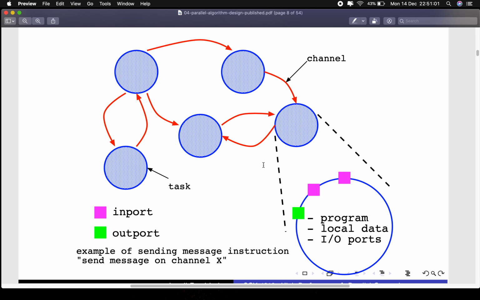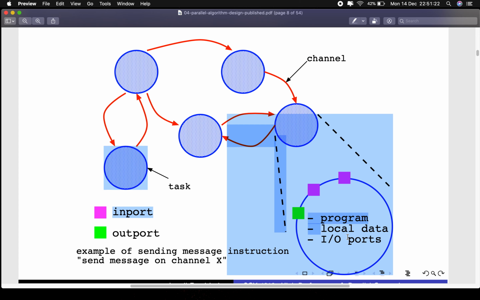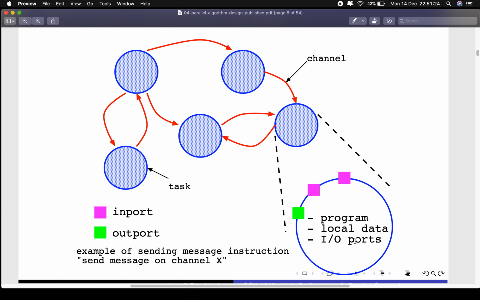This is just an example. Over here you can see the arrow represents a channel, and each circle represents a task itself. You have, of course, your CPU or your computer. Over here you have a program, local data, and then an input output port. Of course you need them, and then you have input and output.